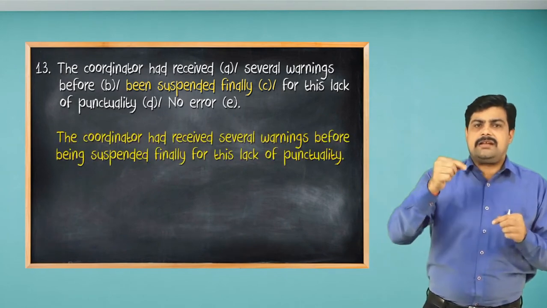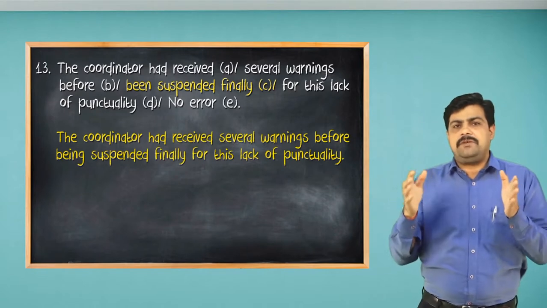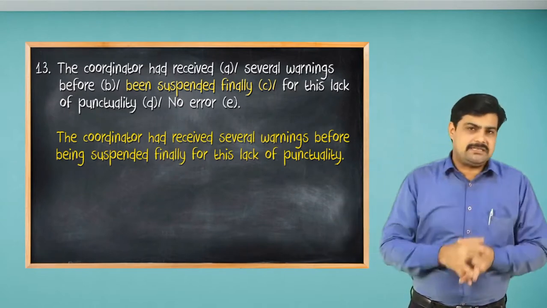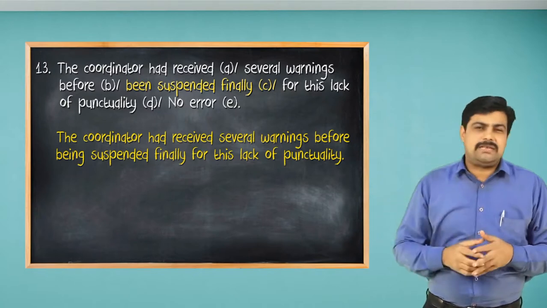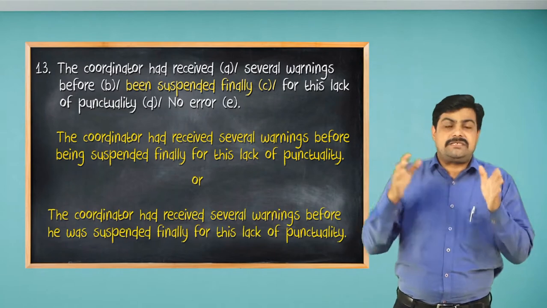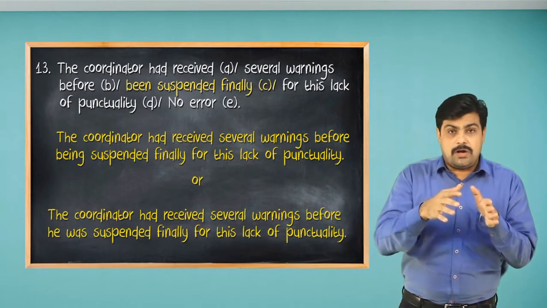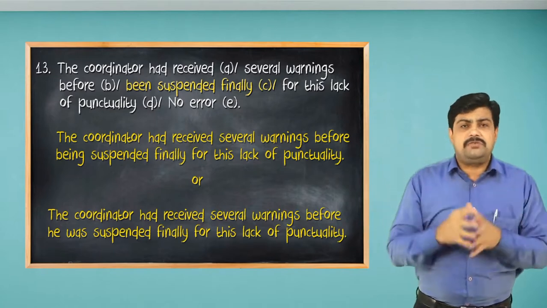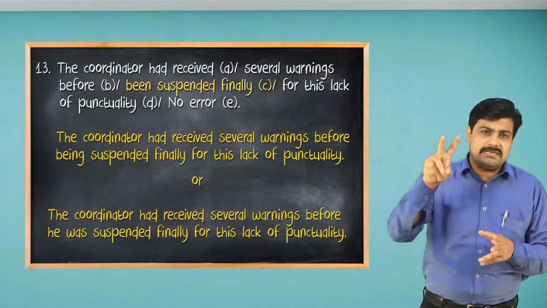The coordinator had received several warnings before being suspended finally for the lack of punctuality. Or you can frame out this sentence as, the coordinator had received several warnings before he was suspended finally for this lack of punctuality. Both these sentences are right.